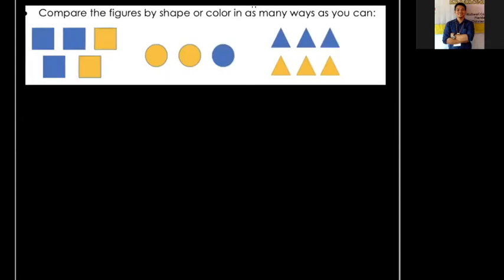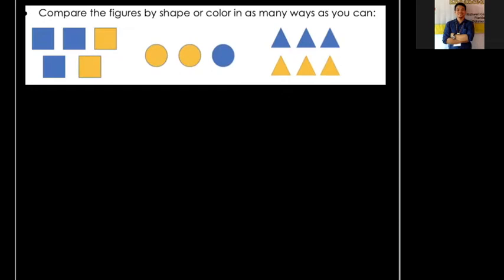So, we have here figures with different colors, and let's try to represent this as many ways as we can. For example, we can represent this according to the number per shape.